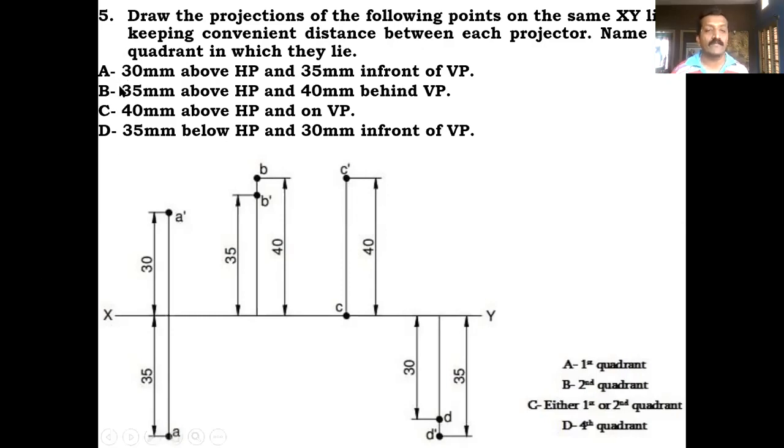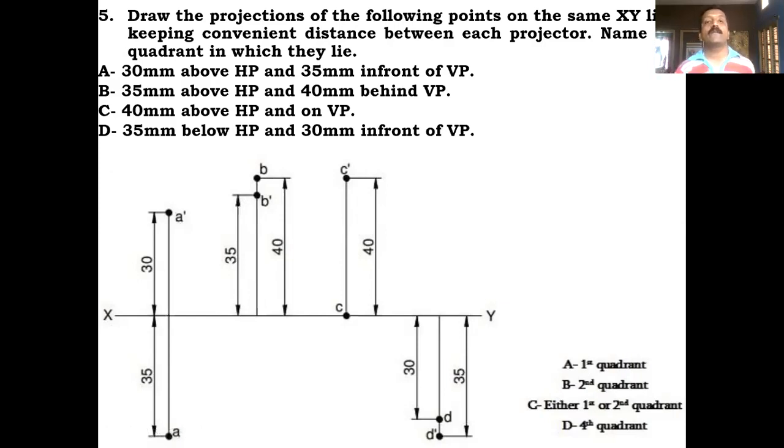Point B, 30 millimeter above HP. Above HP means it is front view information, and above HP while drawing the projection we should take above the XY line, correct? So you take 30 millimeter above the XY line, draw a horizontal line and mark one point, call that B dash, because it is front view.